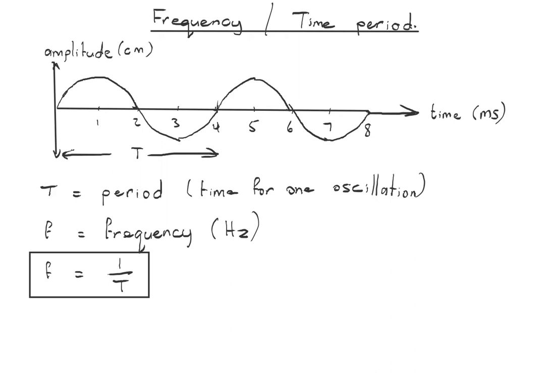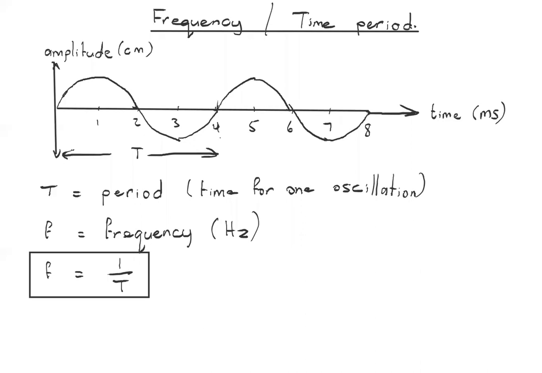I'll mark it with a special highlighter. That's the time period there, but this could also be the time period. To make it easy, if we wanted to measure the time period, we would just measure this time here, as you can see.